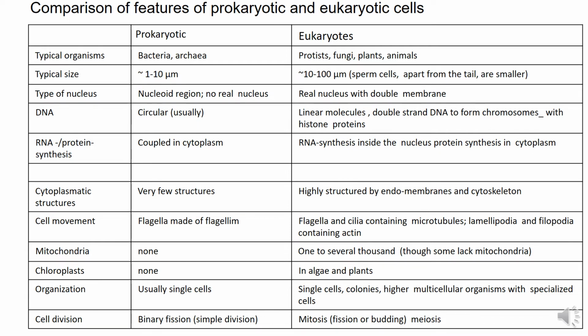The DNA is circular in prokaryotic; in eukaryotic it is linear molecules, double-stranded DNA forming chromosomes with histone protein.